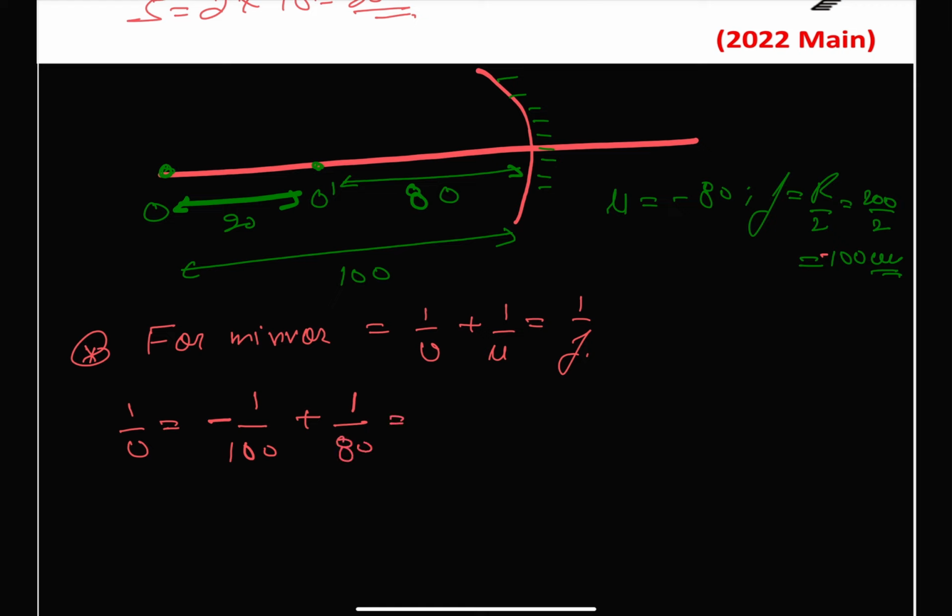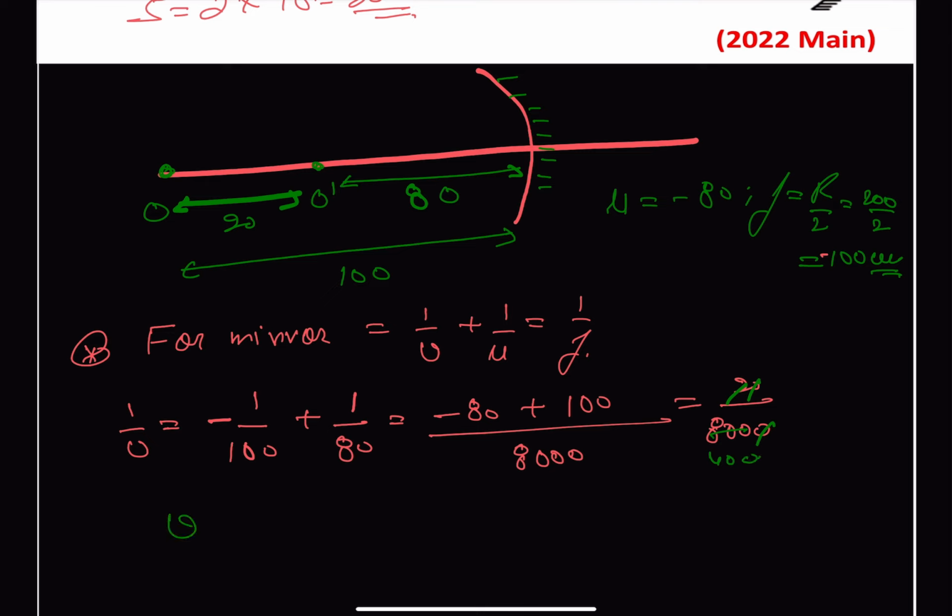and the LCM will be, let us suppose, 8000. So this comes as minus 80 plus 100, and this comes as 20 upon 8000, which gives us 1 by 400.